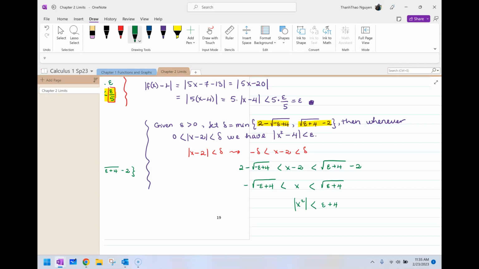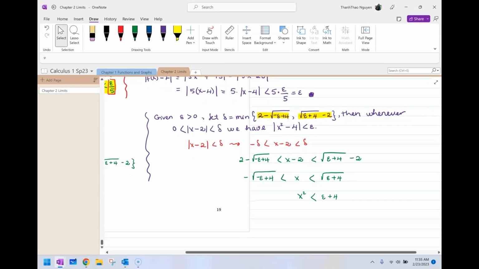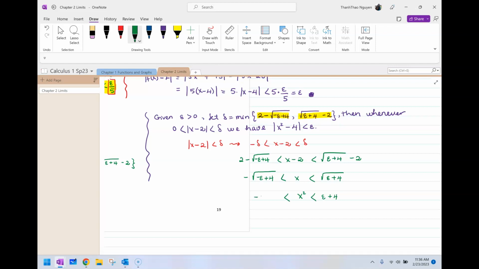We don't really need the absolute value here, since we square it, so x squared will be less than epsilon plus 4, and greater than negative epsilon plus 4.